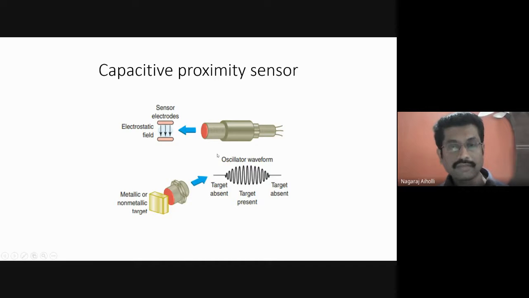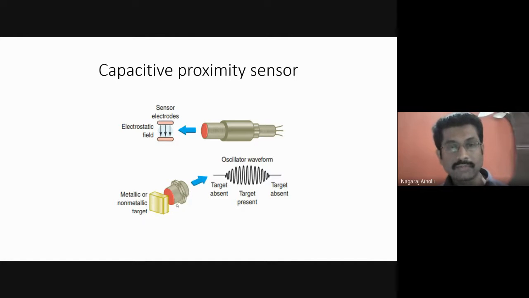Because of this, the oscillations are generated or the voltage is changed, and this change is sensed by the capacitive sensor, and it will identify whether there is a presence of a metallic or non-metallic object or not.